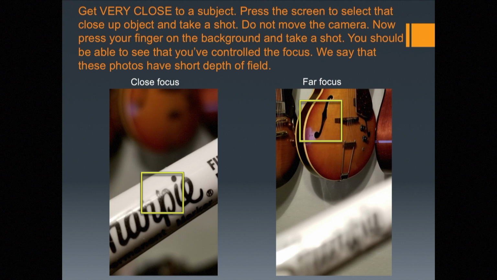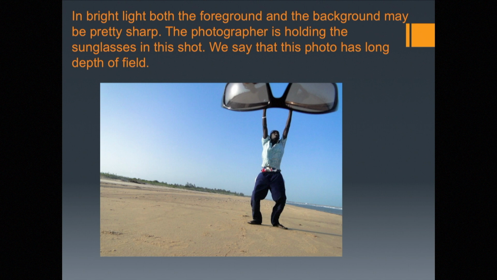So in bright sunlight, both the foreground and the background may be pretty sharp because your depth of field increases when you go outdoors. The photographer is holding the sunglasses in this shot, just right in front of, at arm's length in front of the cell phone. But both the sunglasses and the person that's pretending to hold them up are in sharp focus.